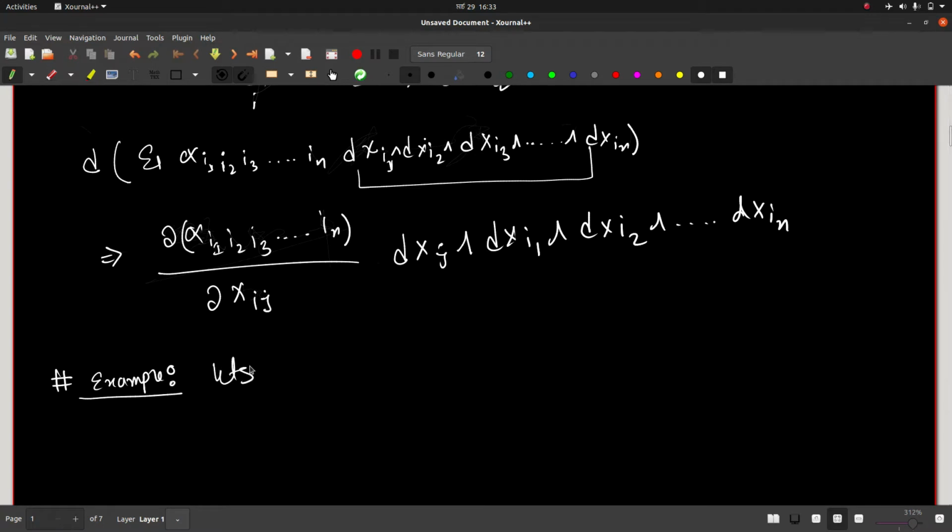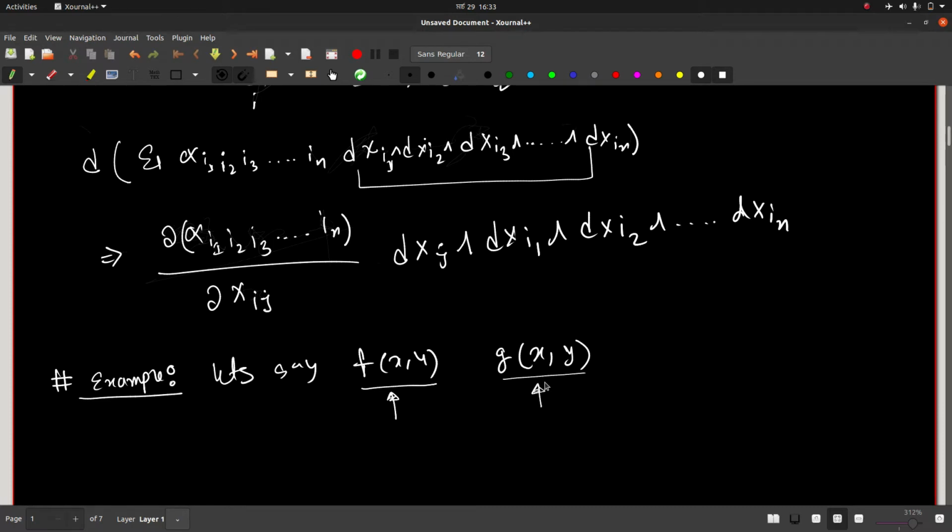Let's say you have two functions, f of x y and g of x y. If you notice a little bit carefully, it's just a mapping. That means from x y there is a mapping to this f and there is a mapping to this g.